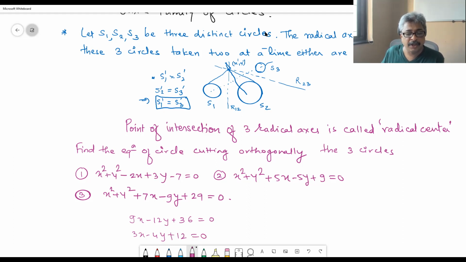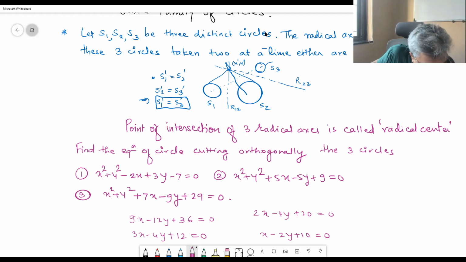This 2 minus 3 is 2x minus 4y plus 20 is equal to 0. So x minus 2y plus 10 is equal to 0. The point of intersection of these two is going to be the center of the required circle. So what does it come out to be? 8 comma 9. So the center is (8, 9).